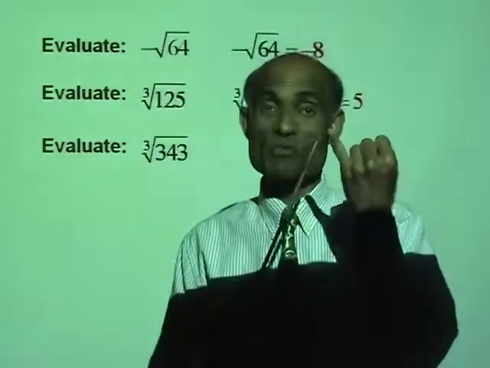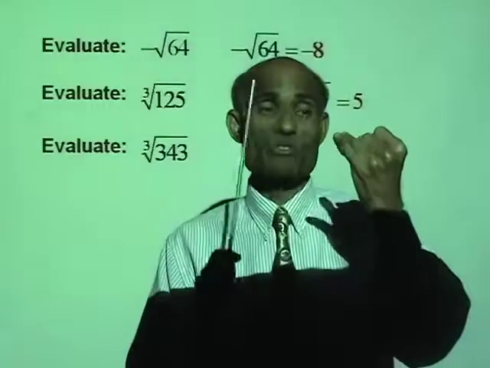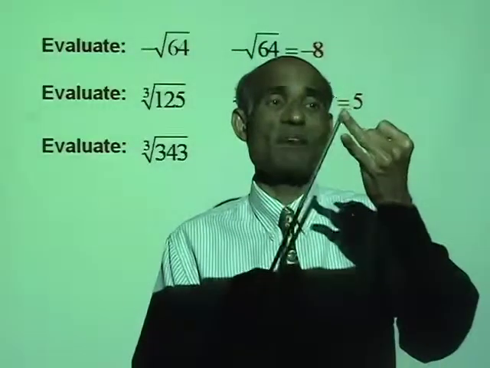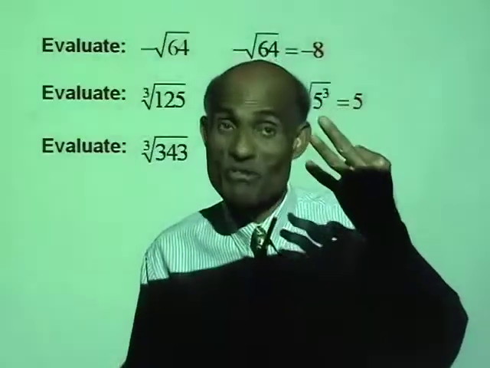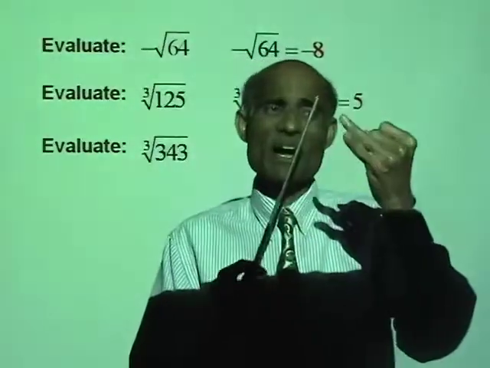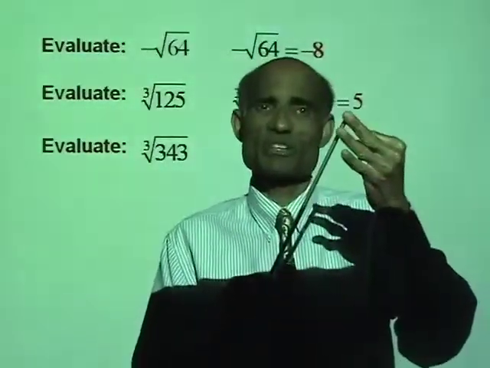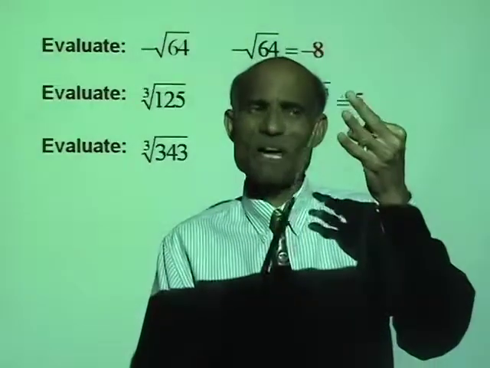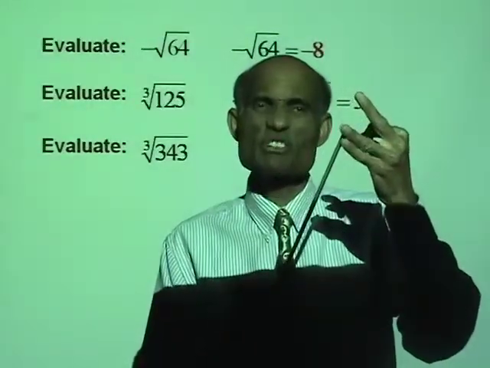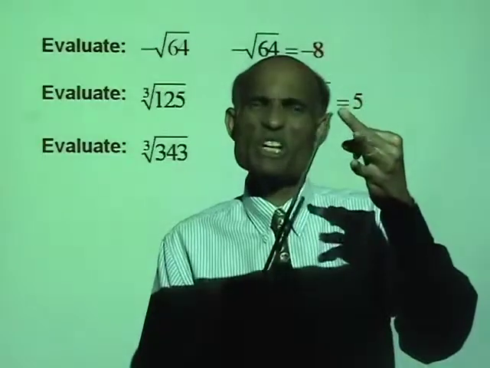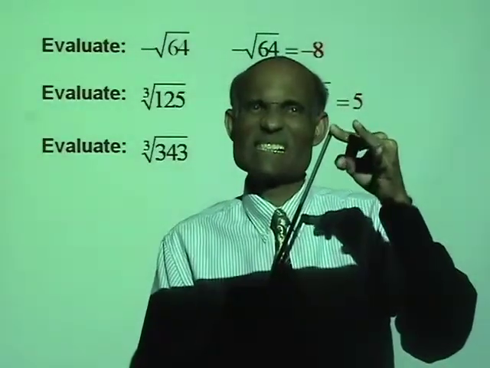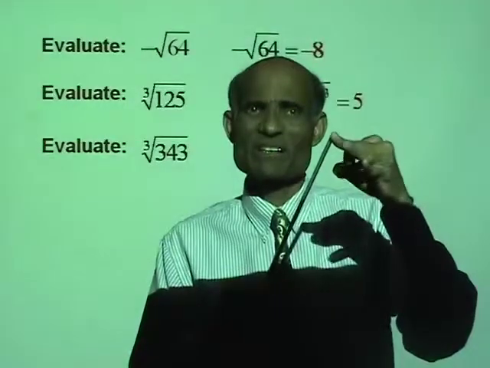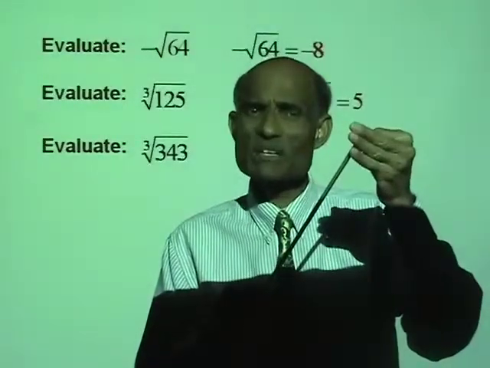Now, you see, if you are familiar with your numbers, you know that 5 times 5 times 5 is 125. How about 6 times 6 times 6? Can you do that in your mind? 6 times 6 is 36. What is 36 times 6? 36 times 6. Isn't it 216?